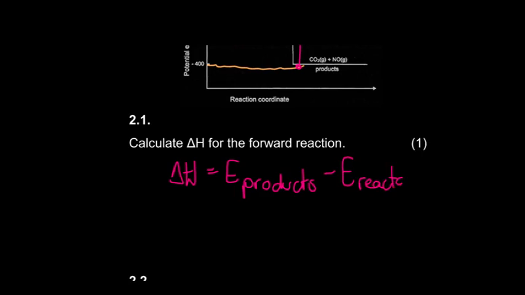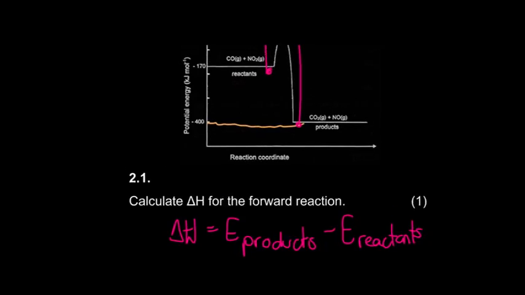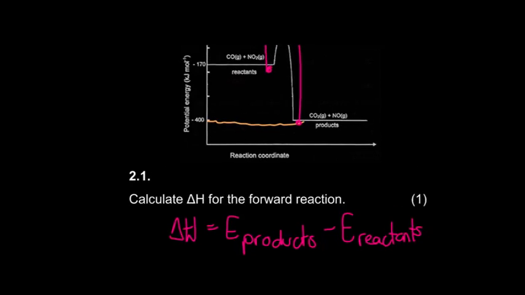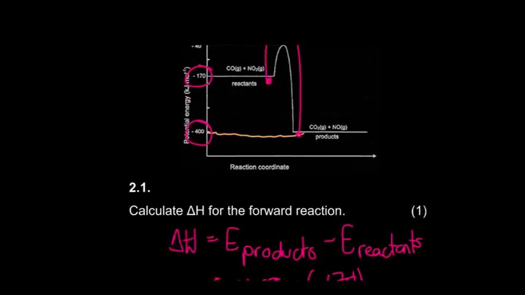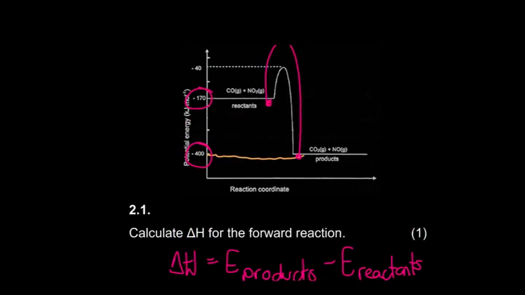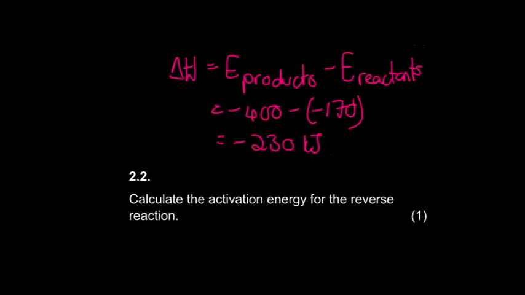The products have an energy of minus 400 and my reactants have an energy of minus 170. So I've got minus 400 minus 170, which gives me minus 230 kilojoules. The units on the graph are kilojoules per mole, so my answer is kilojoules per mole.